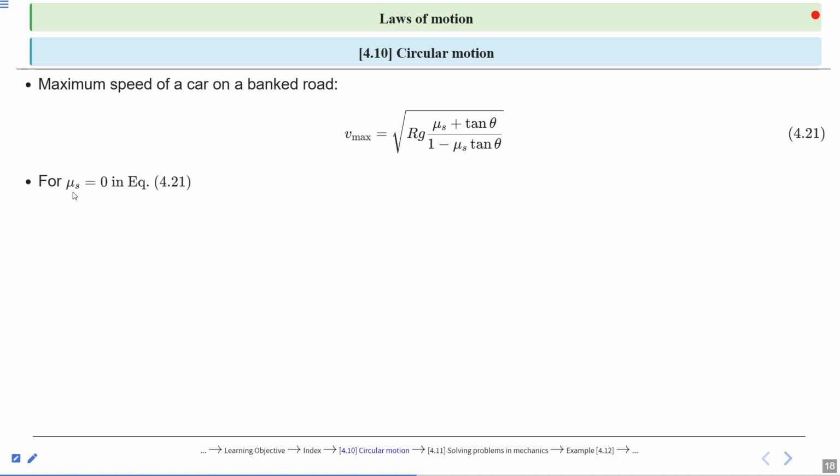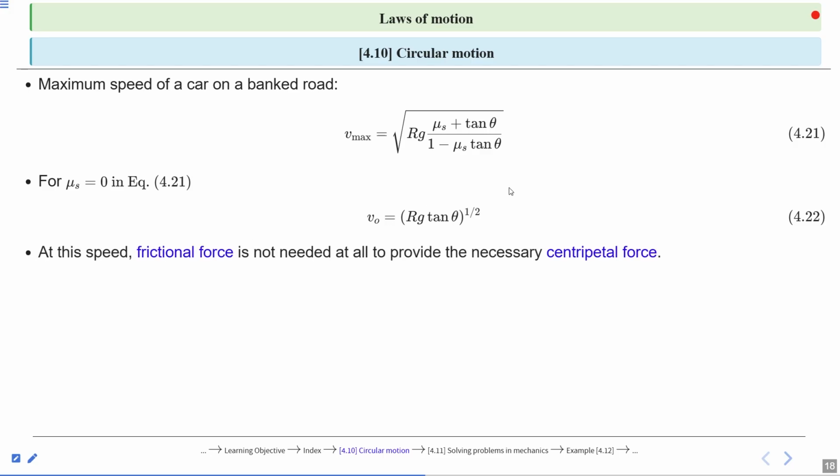If we put mu s equal to 0 in equation 4.21, the equation becomes V naught equal to (Rg tan theta) whole power 1 by 2. Just substitute mu s equal to 0 and you will get equation 4.22.